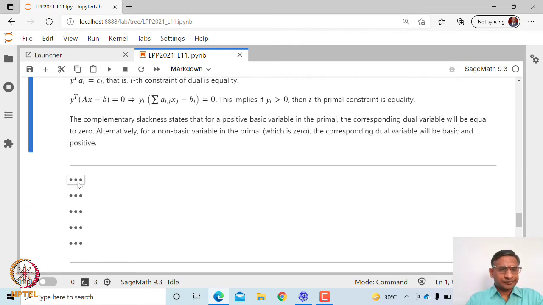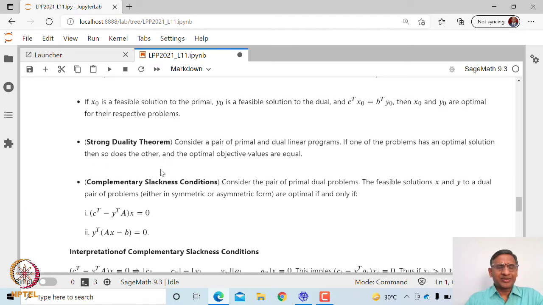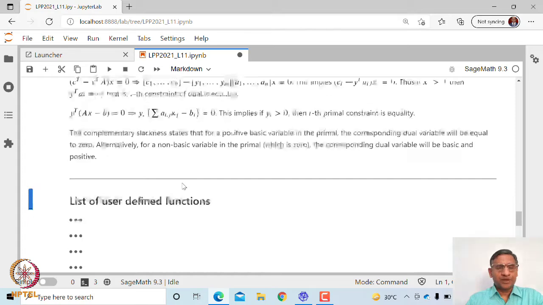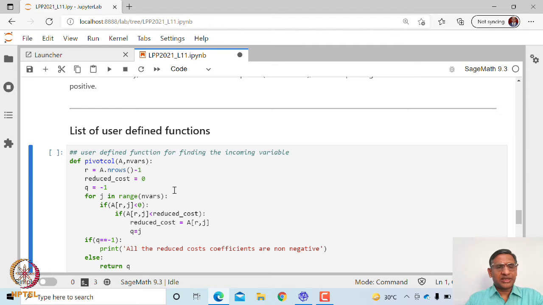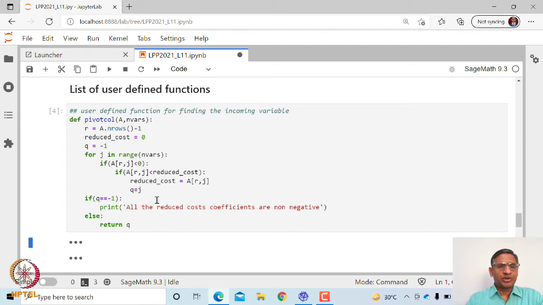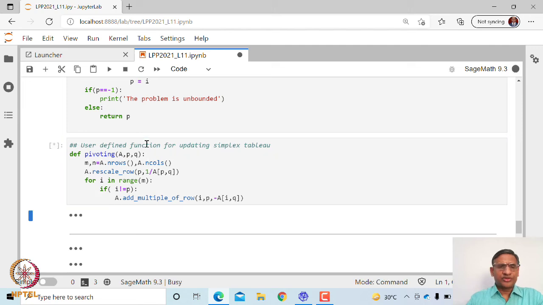Okay, so we have already seen how to write the dual of a linear programming problem, but let us look at how we can possibly get the solution of the dual from the primal when we solve using the simplex method. Let us recall the user-defined functions that we have defined, namely pivot column, pivot row, and pivoting.